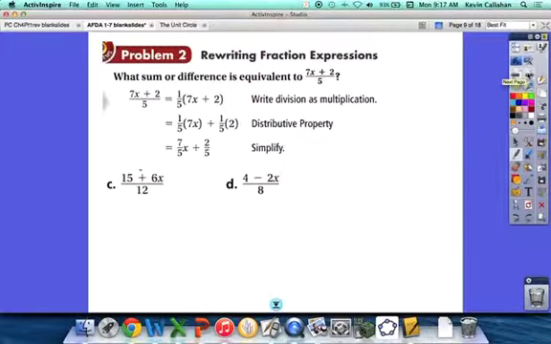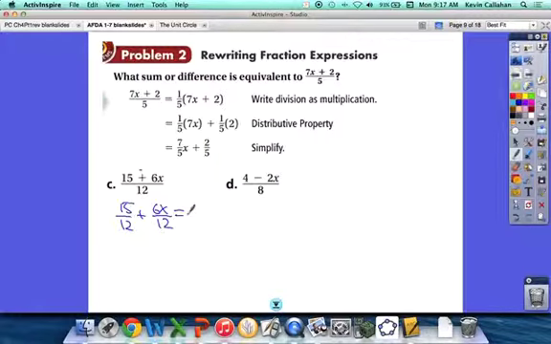How about this one? 15 plus 6x over 12. Plus 6x over 12. Now, both of those can be simplified. Not exactly the same way, though, right? What's in common between 15 and 12? 3, right?